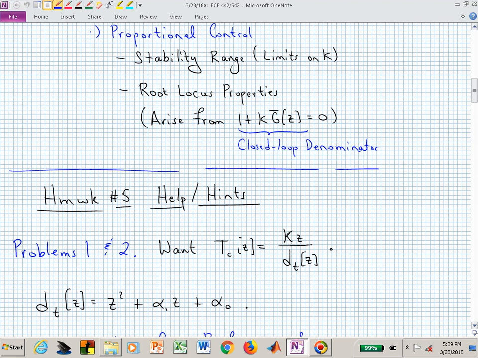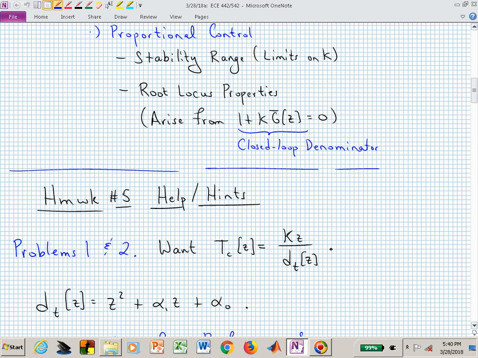In problems 1 and 2, I'm asking you to create a desired closed loop transfer function, a capital T sub c of z. There are maybe 6 different transfer functions spread among problems 1 and 2. I'm forcing the numerator to have that structure, a gain and a 0 at the origin. You don't have to design that, that's been given.